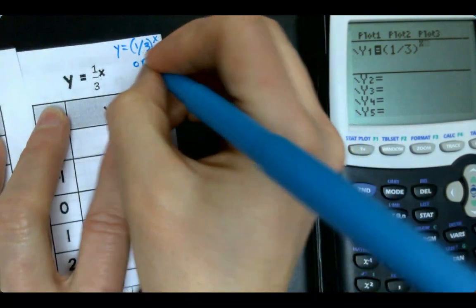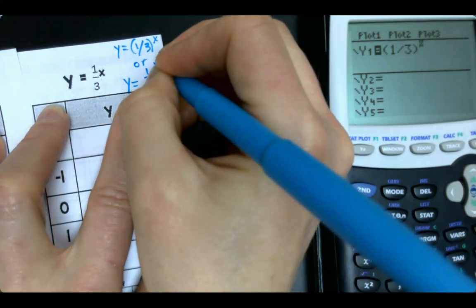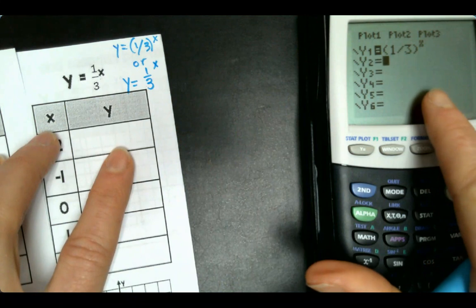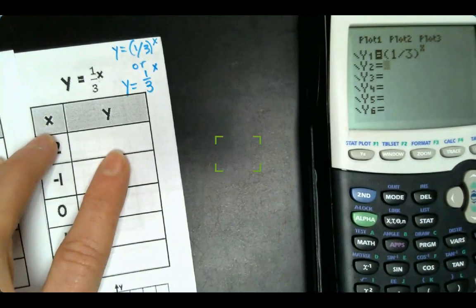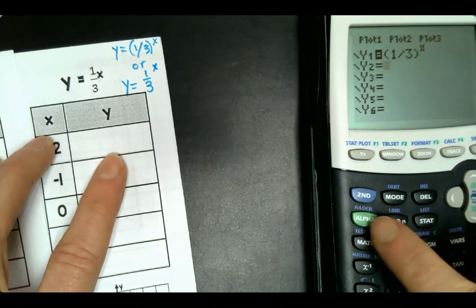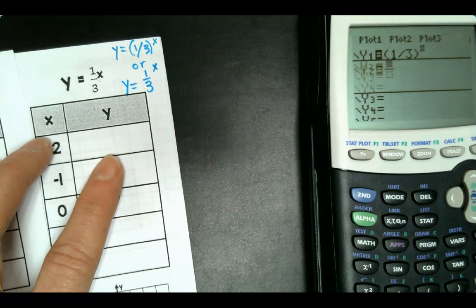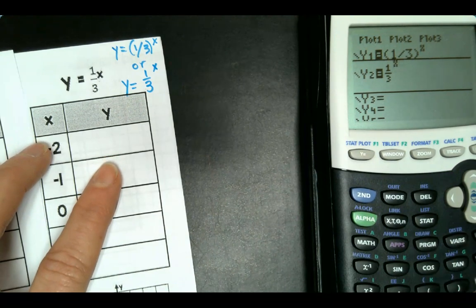Or you can put it in y equals the fraction 1/3. I'm going to show you both. So go ahead and put in y1. And then the other way is to do alpha y equals, to put it in as the fraction, as the pretty print, I think it's called. 1/3 raised to the x.